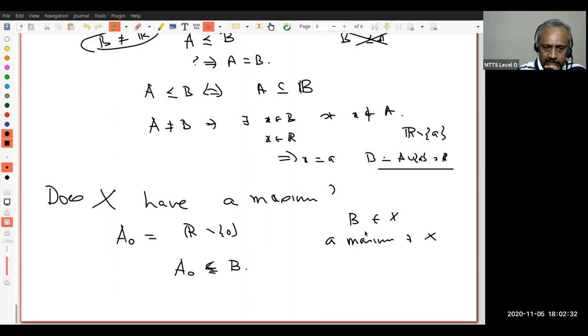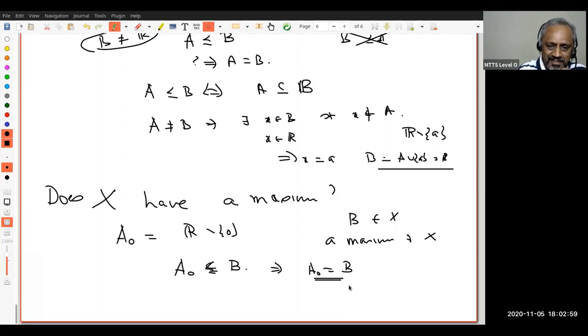It's a maximum, therefore every element must be contained in it. But just now we proved that if A naught is less than or equal to B, then A naught equals B. Are you sure? Yes, because A naught is a maximal element, therefore A naught must be equal to B. What is the contradiction?